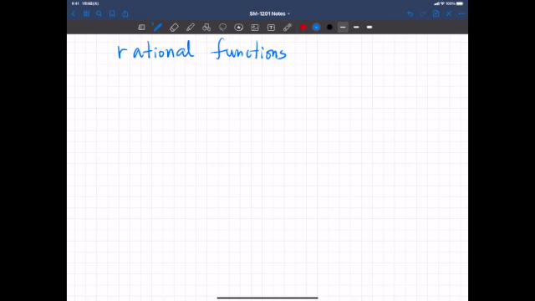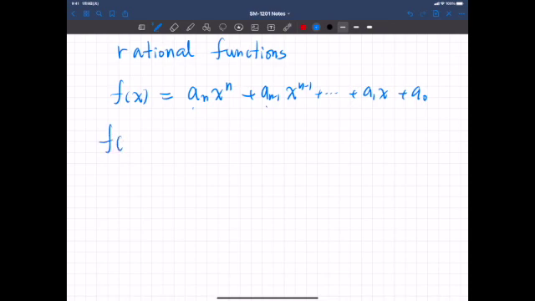Lastly, rational functions deserve special attention. And first, consider polynomials as a special case. So let's say we have a function that is a polynomial of x: a_n x to the power of n, a_{n-1} x to the power of n minus 1, and so on, a_1 x and a_0. And of course, those coefficients a_0, a_1, and so on, are real numbers. Then if we integrate this, we have the following function.